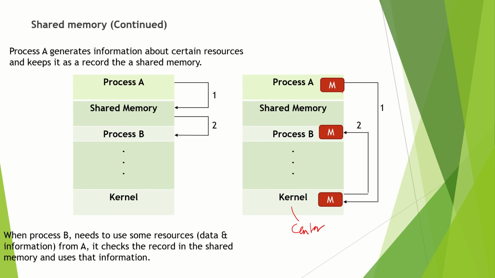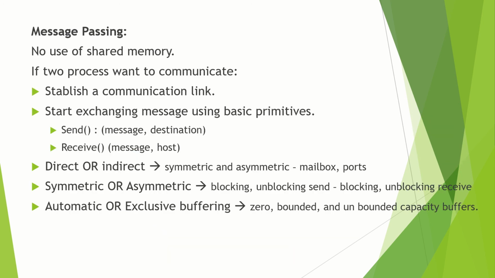If process A wants to communicate with process B, first it calls the kernel, this is step one, and in step two, the kernel calls process B. So this is message passing. There is no use of shared memory when two processes want to communicate.